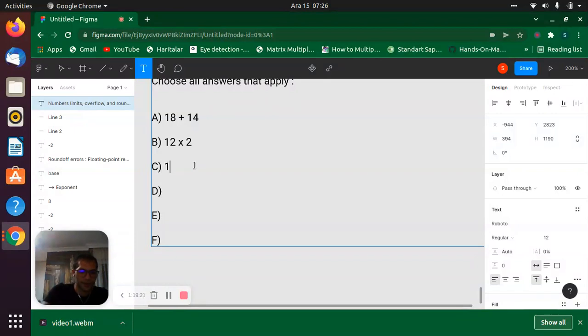The other one is 15 plus 1. The other one is 8 times 4. Another one is 8 plus 4. Last one is 12 plus 2.